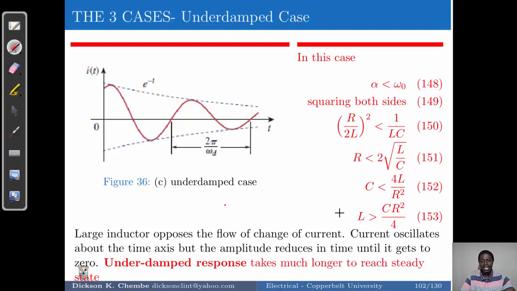In this case you're going to have a large inductance, which opposes the change of current, and the current will oscillate about the zero axis, which is the steady state axis. It will oscillate about this axis for a long time, but eventually it will get to steady state values, or to zero.